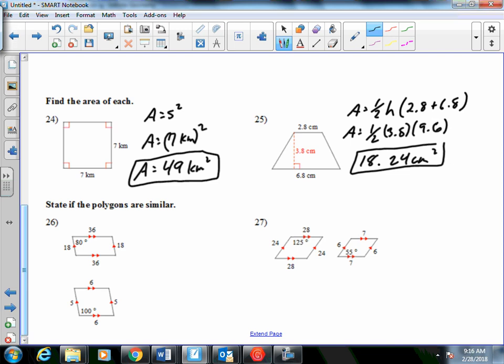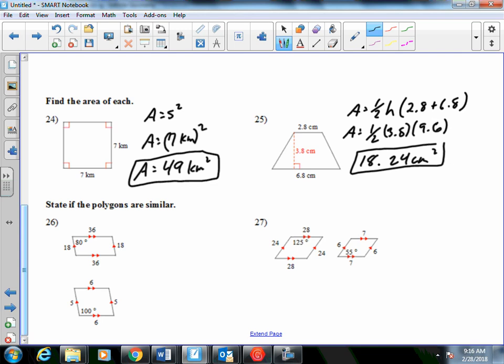All right, 26, 27, state if the polygons are similar. In order for them to be similar, we have to know that the corresponding angles are the same and that the sides are proportional.